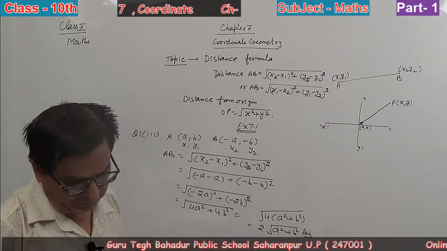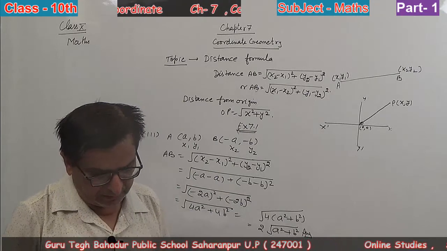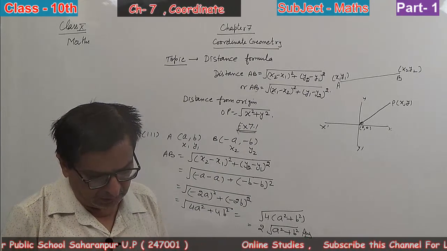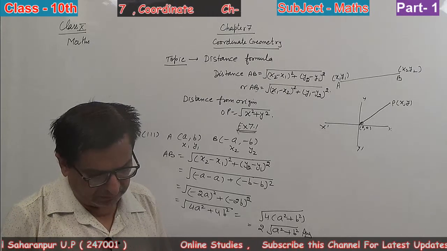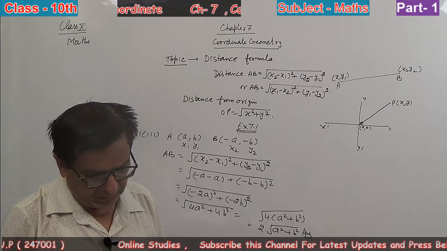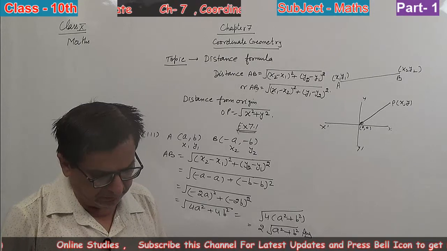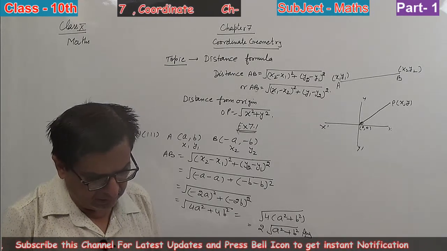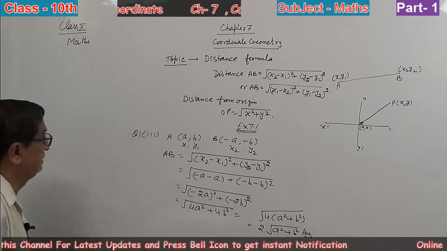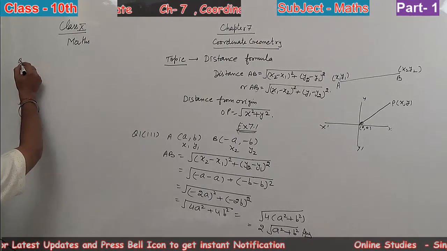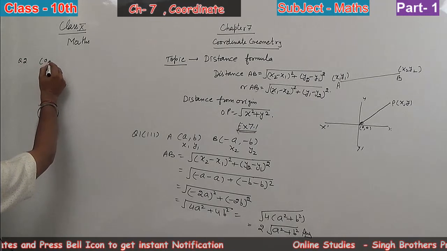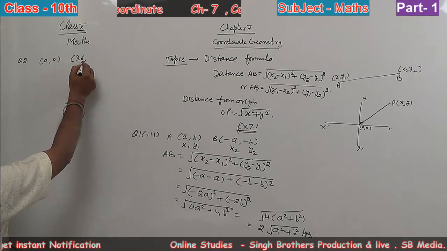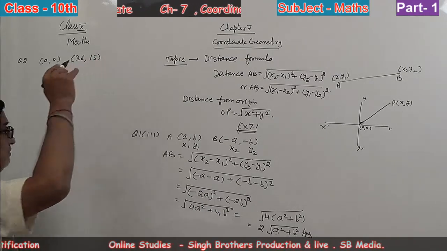Now the second question: find the distance between the points 0, 0 and 36, 15. See question number second. Points are given 0, 0 and 36, 15.